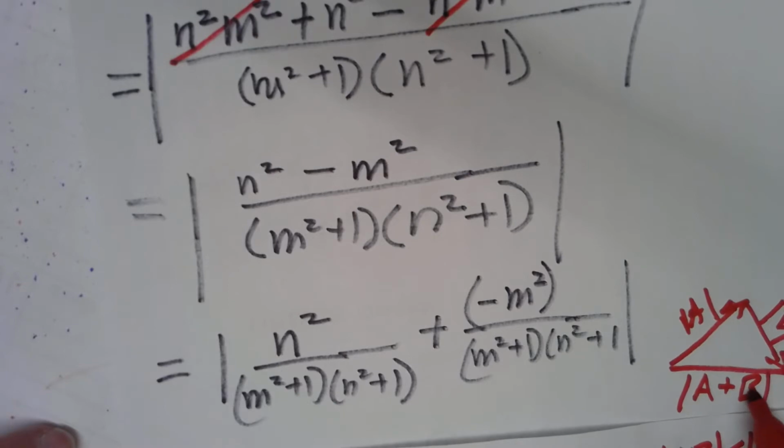So this one side is less than the sum of the other two sides.